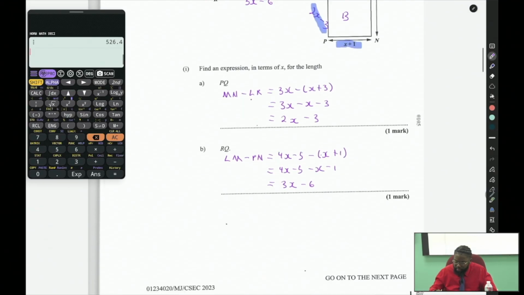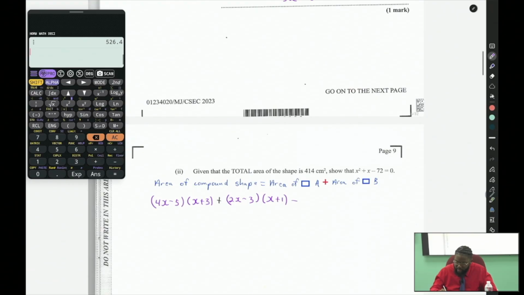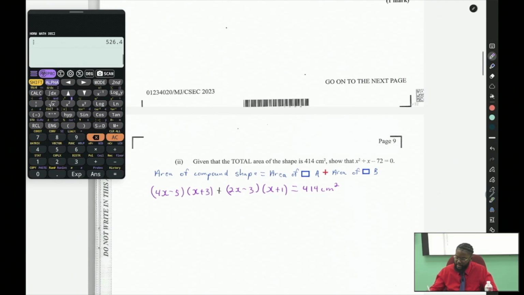All right. And it told us that the area is equal to 414 centimeters square. So now we need to show that x squared plus x minus 72 is equal to 0. To do that, we need to expand our left-hand side and simplify where possible.